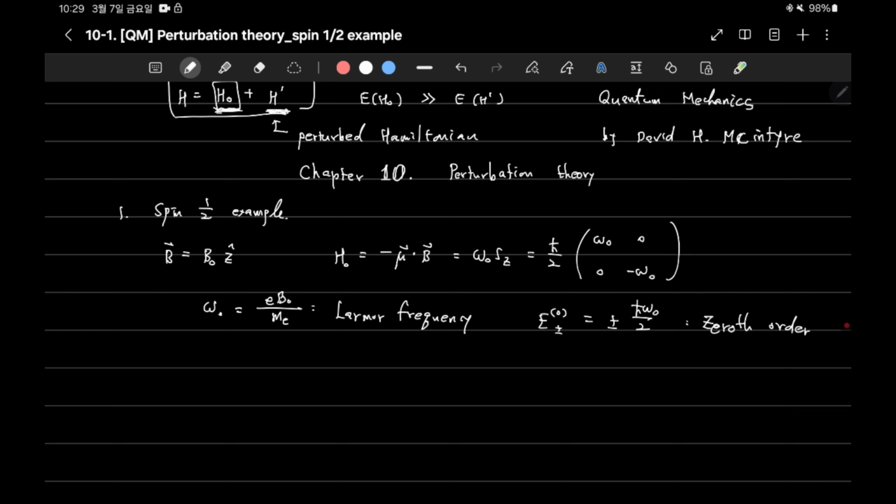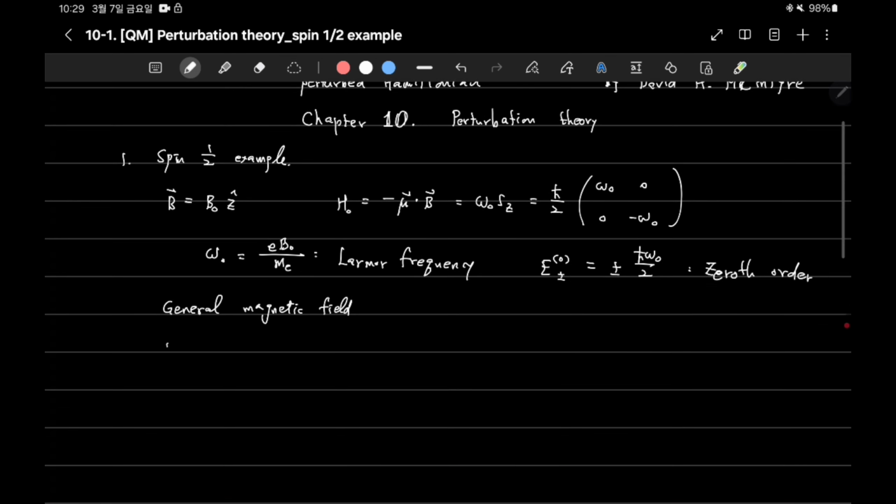But in general, here we apply the magnetic field in a fixed direction, which we set as the z direction. In the general case, the magnetic field can be directed in various directions, but here we denote it like this.